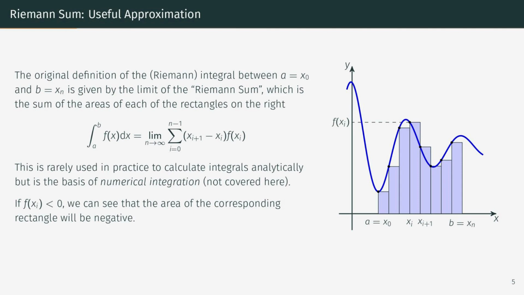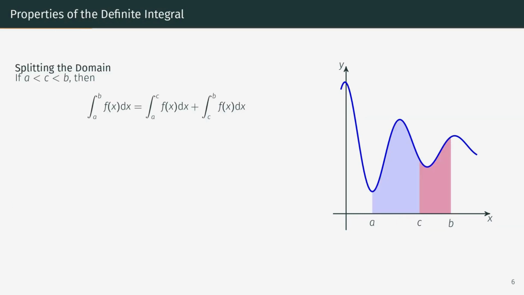If f of x i is less than 0, then we can see that the corresponding rectangles will be negative. We can then look at the important properties of definite integrals. First is the concept of splitting the domain. If a is less than c, which is less than b, then we can split the integral into two sections over the domain, which is illustrated in the graph.